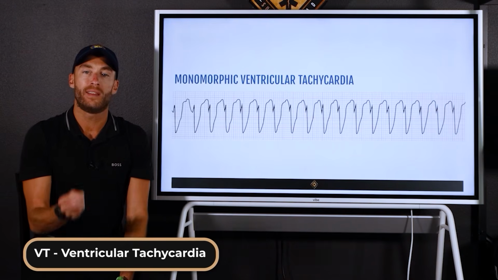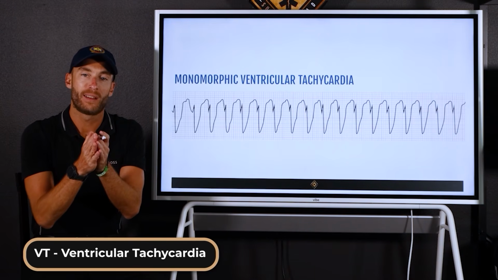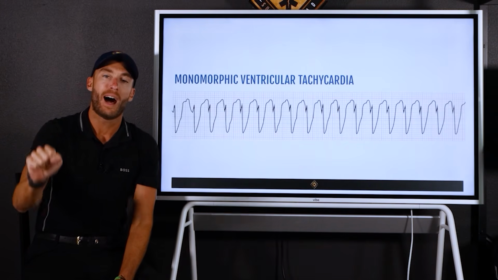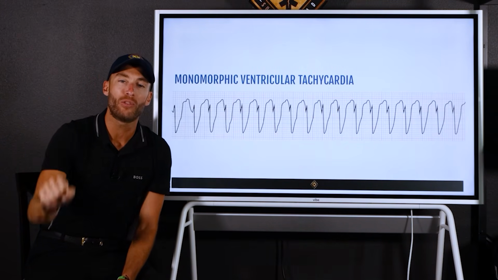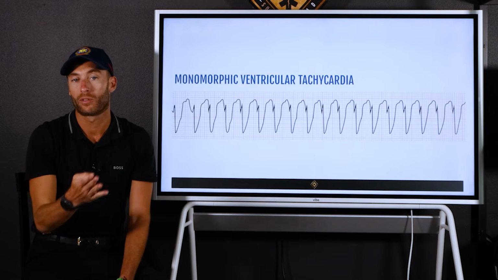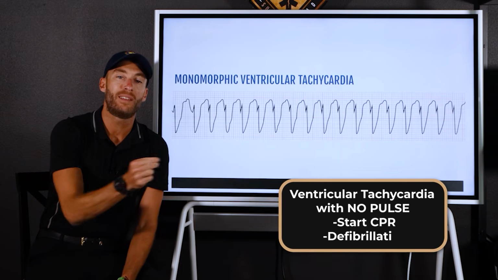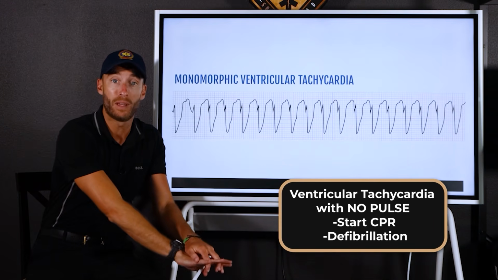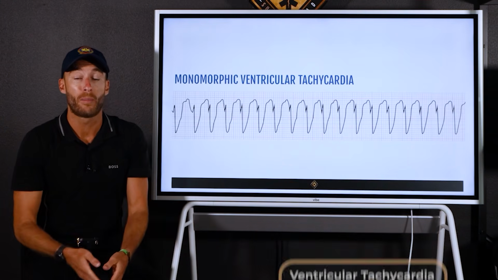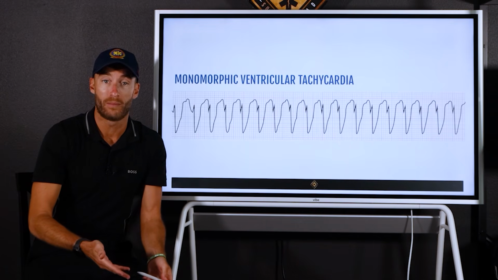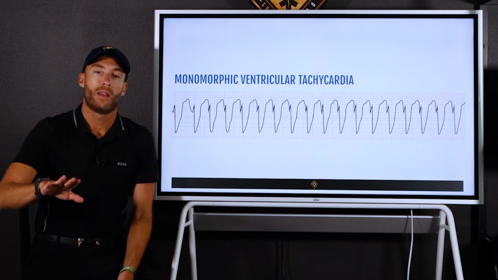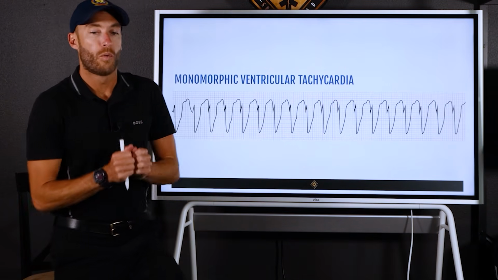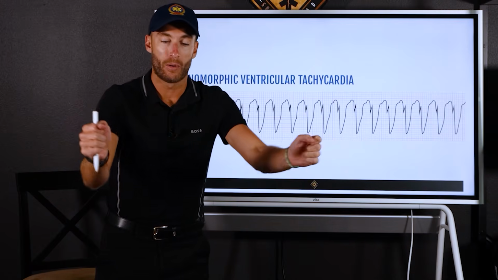When we see VT, we first must think, is it pulse or pulseless? Obviously, folks, if the patient has no pulse and they're in VT, we're at a cardiac arrest. First thing we're doing is CPR and then following that up with defibrillation. That's energy. Now, if we've got a pulse, then we're going to do stable or unstable.